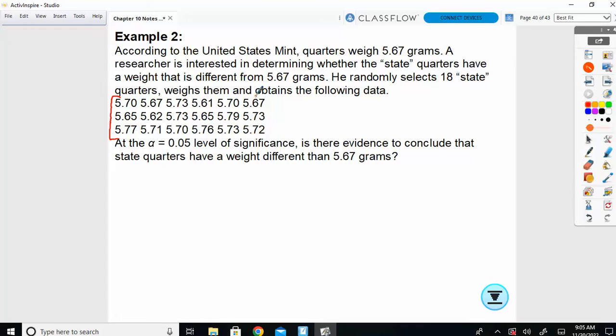A little bit different than the other examples, I'm giving you the actual numbers, not the final mean that he had. At the alpha equals 0.05 level of significance, is there evidence to conclude that state quarters have a weight different than 5.67 grams? So let's go through a few things. We always have to start with a null and alternative hypothesis.